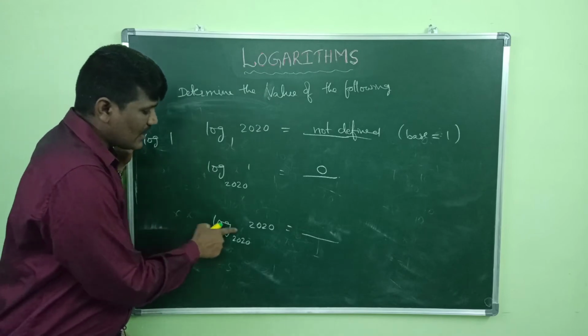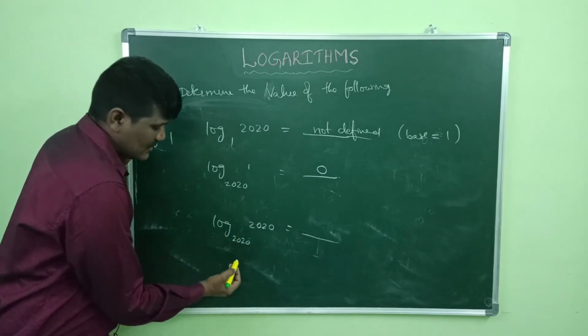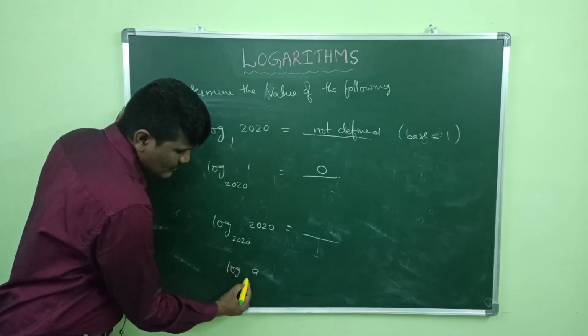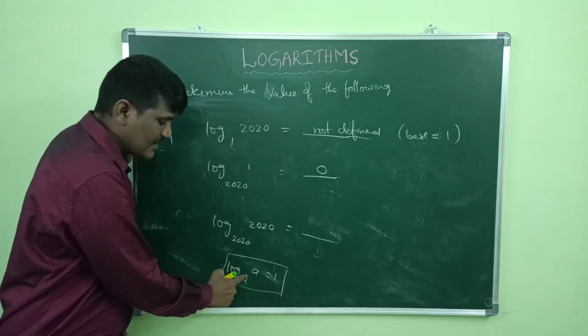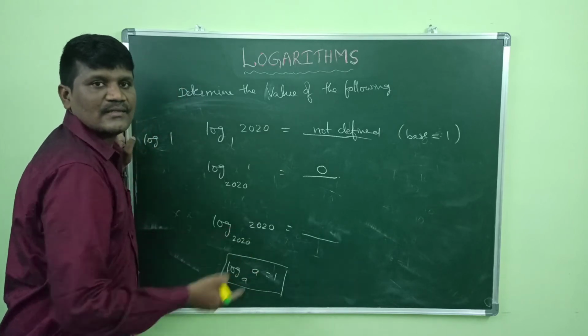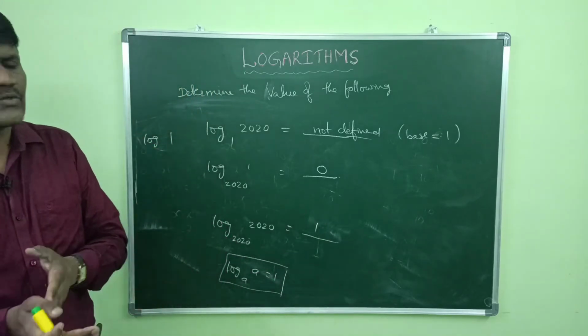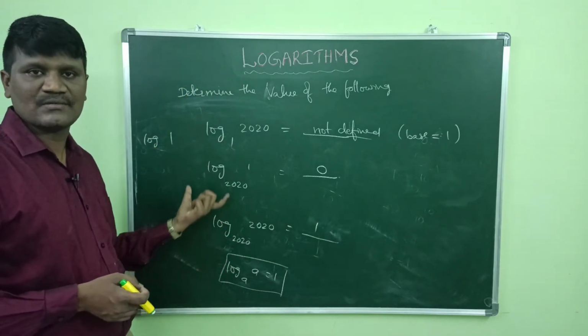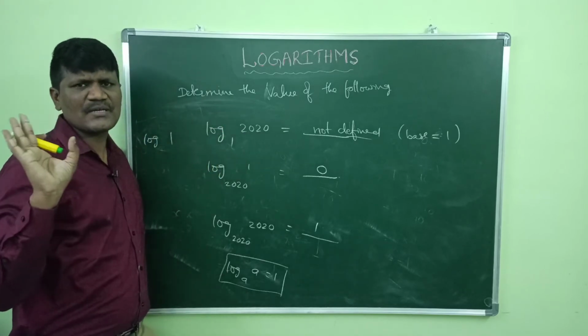Next, log 2020 to the base 2020. We already know the formula: log a to the base a is equal to 1. Whatever the base is, if the base and the log value are both the same, then the value is 1.